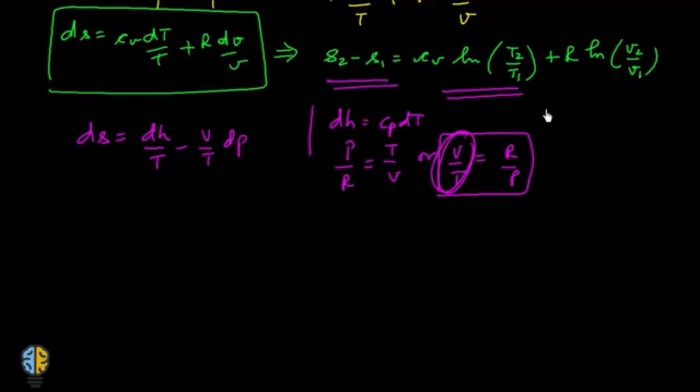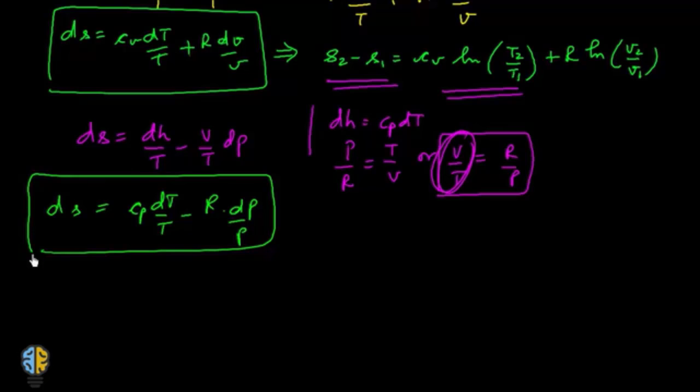So dH upon T becomes Cp into dT upon T minus R into dP upon P. So this is the entropy change that takes place.